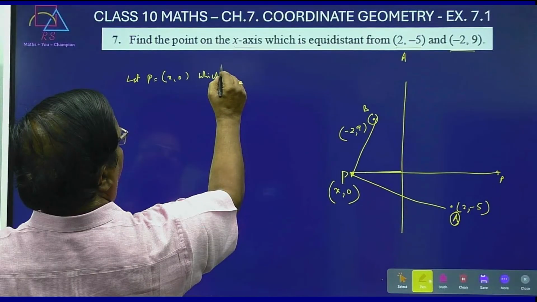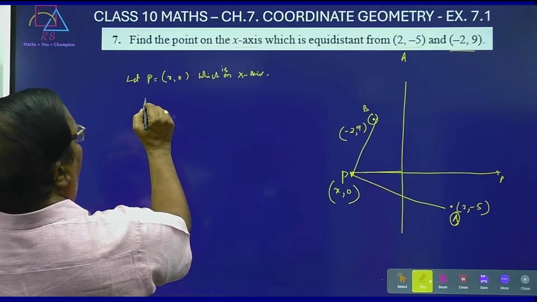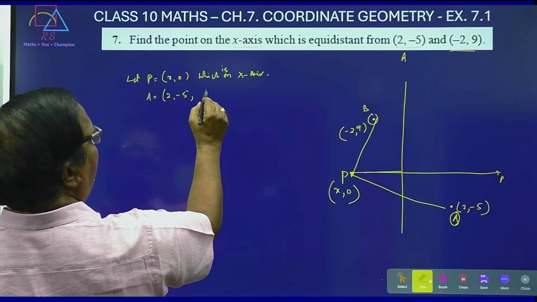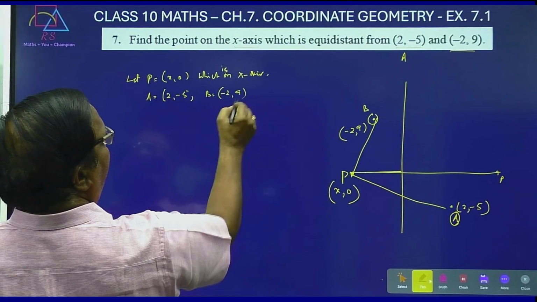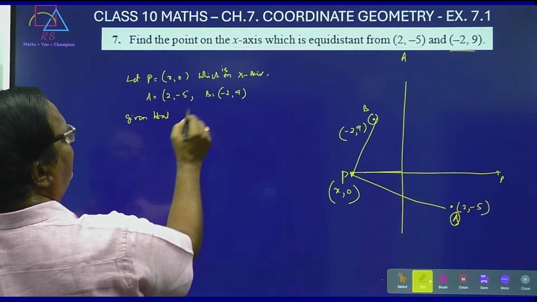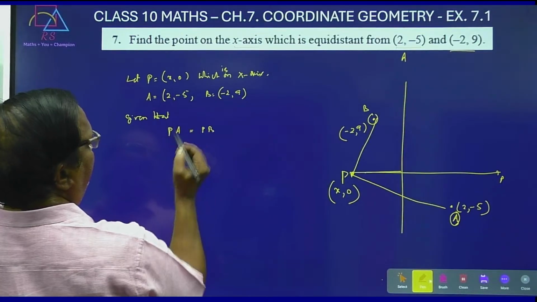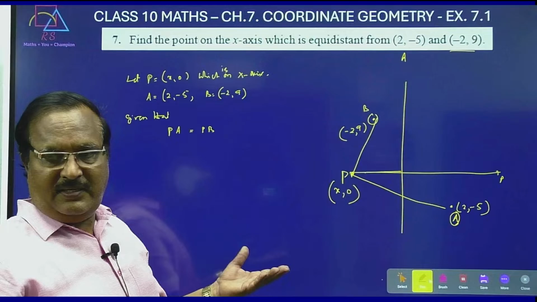A is equal to 2, minus 5, and B is minus 2, 9. No need to draw a diagram actually. Given that these two points are equidistant, PA is equal to PB. Now you apply the distance formula.